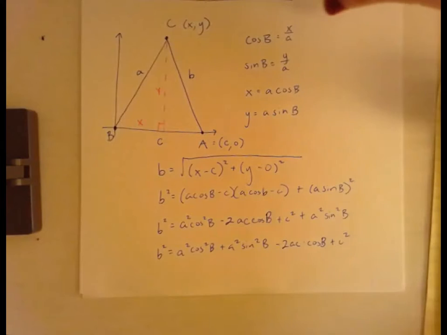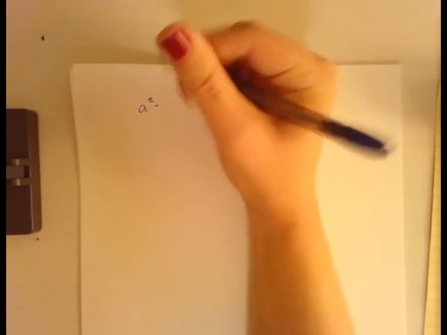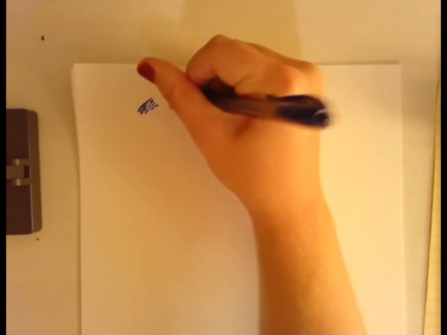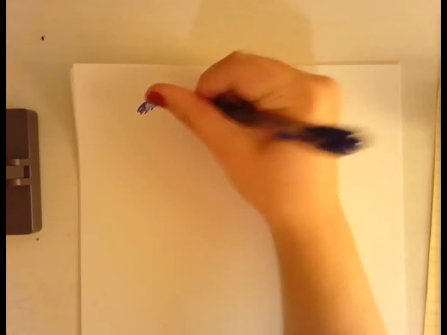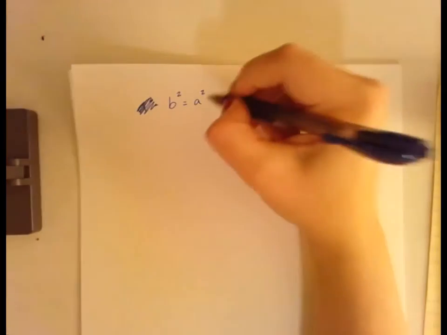And just like last time, I'm going to use some factoring. B squared equals a squared gets factored out of those first two terms.